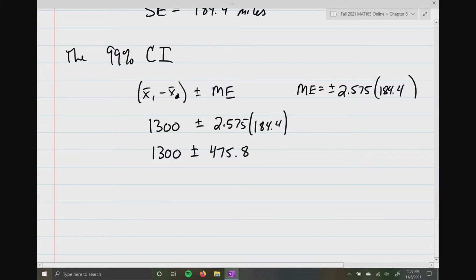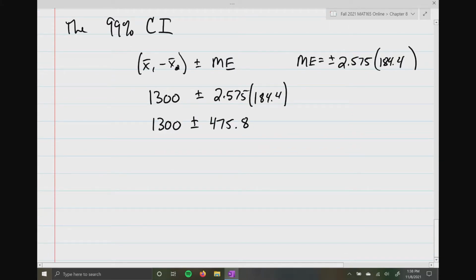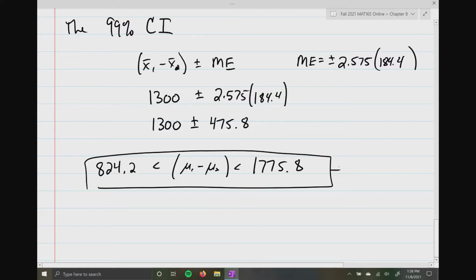And when we go ahead and just take 1,300 minus 475.8, we get 824.2, which is going to be less than our estimated parameter, mu1 minus mu2, which is going to be less than, well, now if we take 1,300 plus 475.8, we get 1,775.8 for our confidence interval. Now this is going to be our 99% confidence interval.